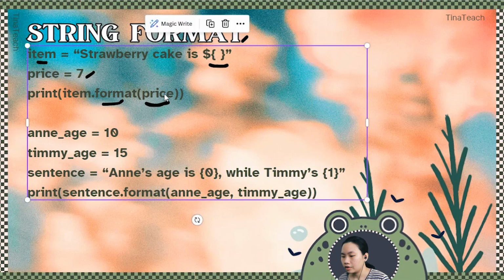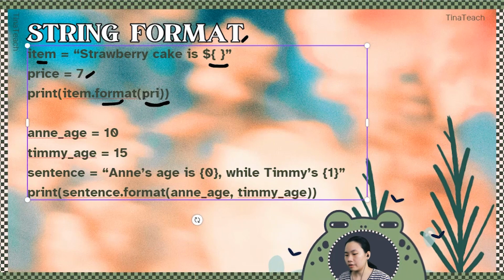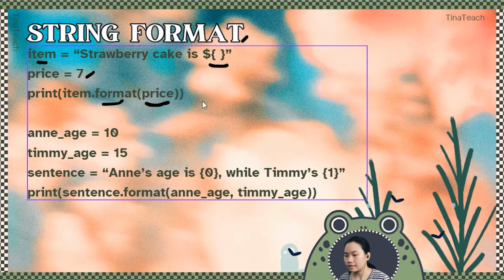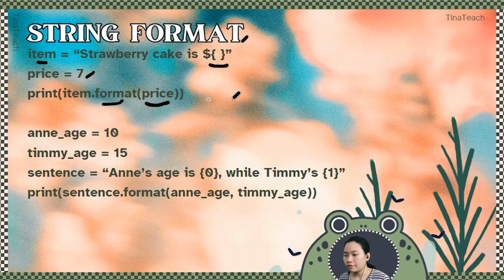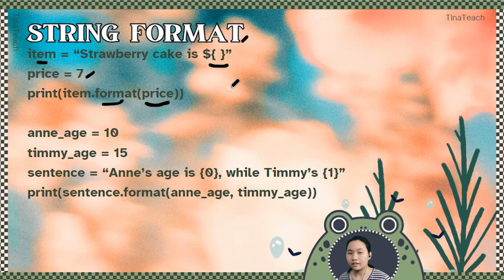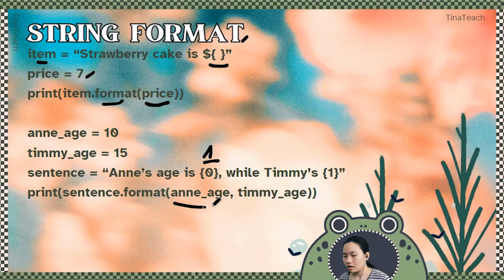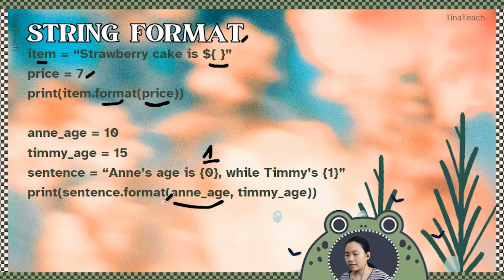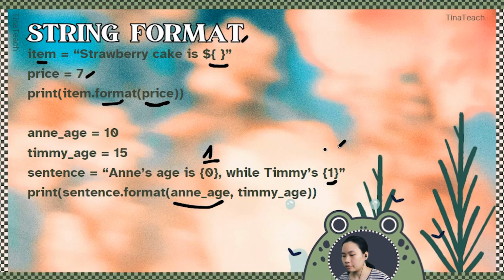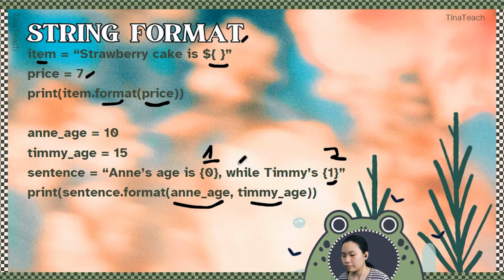Instead of writing the number 7 over here, I can simply input the variable that has the price. For this placeholder, you can actually put an index. Obviously 0 is going to be the first argument that's passed to format, and then 1 is going to be the second argument that's passed to format. Okay, very simple like that.